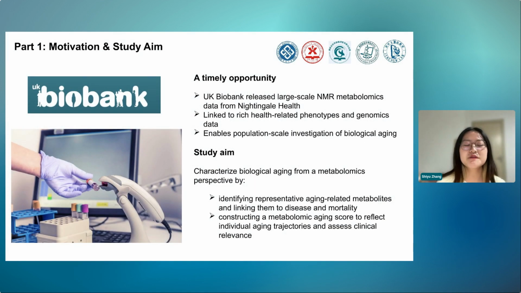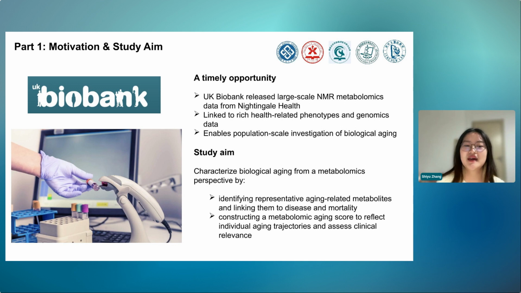At the start of our project, UK Biobank had released the second version of the Nightingale NMR data, covering around 275,000 participants. With this large sample size, broad metabolic coverage and rich phenotype data, it offered a unique opportunity to study aging at scale.